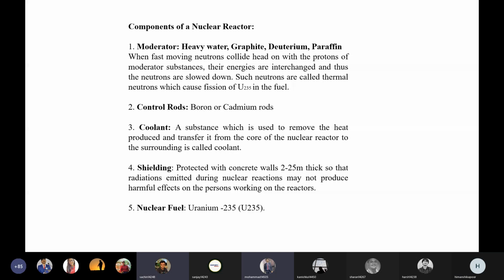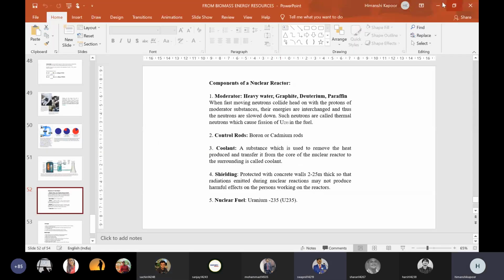For example, heavy water. One by one, tell me. Who will explain the moderator? Yes, Swapnil. Ma'am, moderators are used to slow down the speed of the fast traveling neutrons. For example, heavy water.